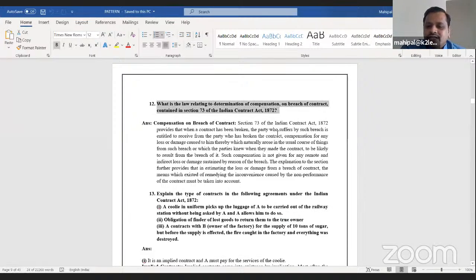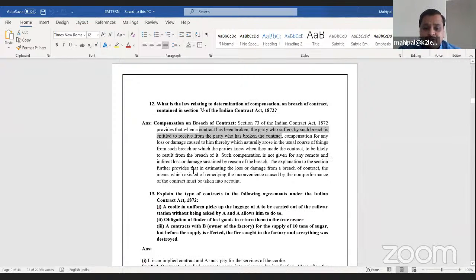Beta, first please try to understand the question. What is the law relating to determination of compensation on breach of contract contained in Section 73 of the Indian Contract Act? When the contract has been broken, the party who suffers such breach is entitled to receive from the party who broke the contract compensation for any loss or damage caused to him by natural cause arising in the usual course of business from such breach, which the parties knew to be likely to result when they made the contract. Such compensation is not given for any remote or indirect losses or damages.